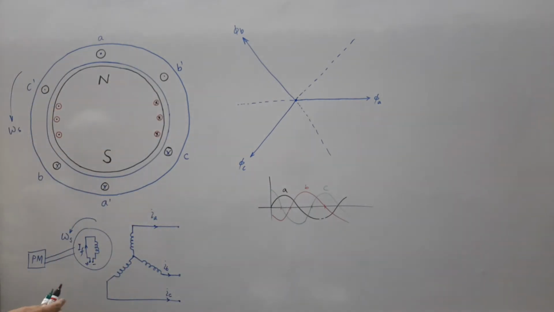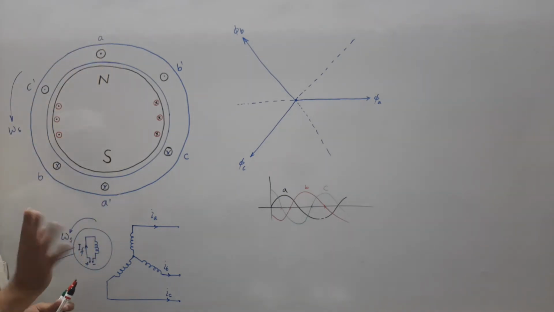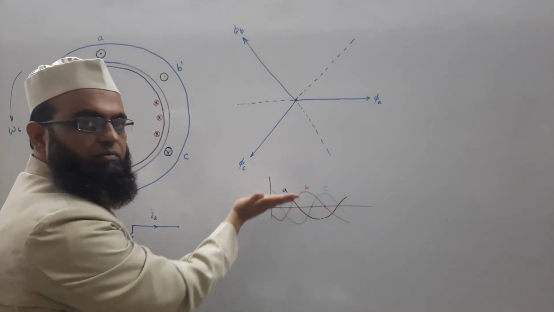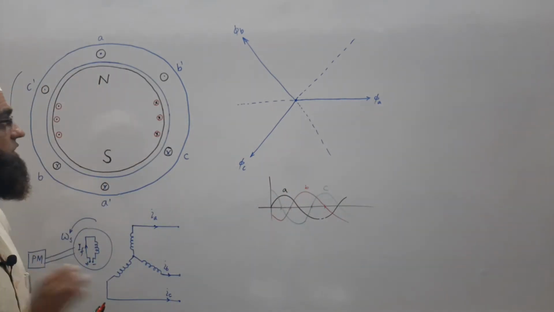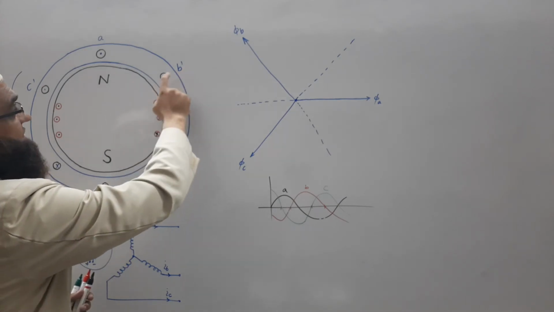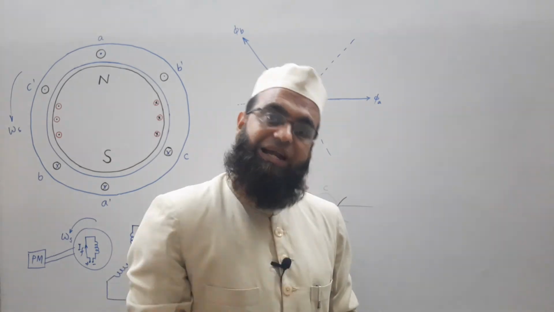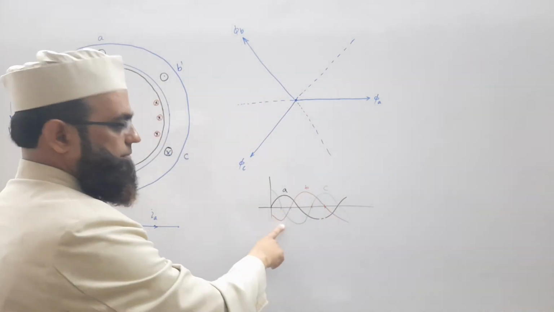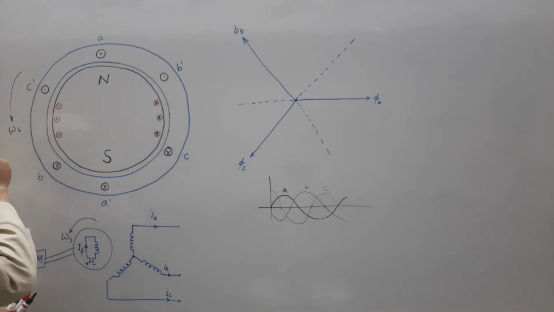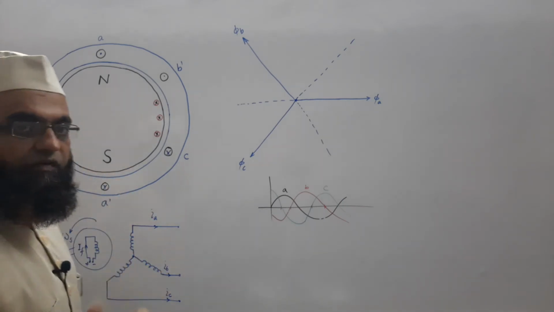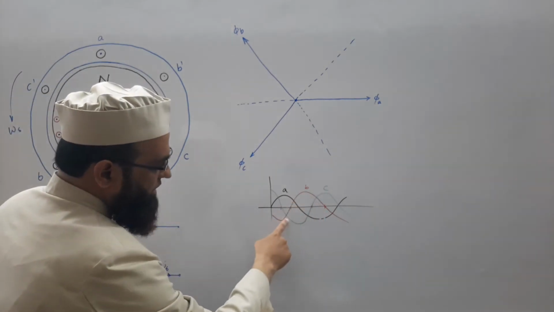Once dot is in A and cross is in A dash, we are in the upper half, the positive side. But here B dash is having the dot, so the potential of phase B is towards the negative side. Similarly, C dash is having the dot, so the potential in phase C is towards the negative half. At this moment this is also negative.